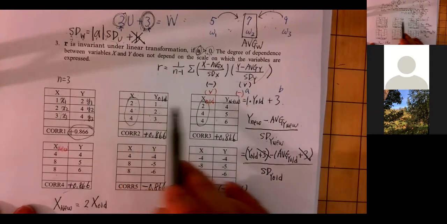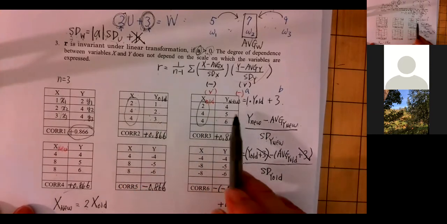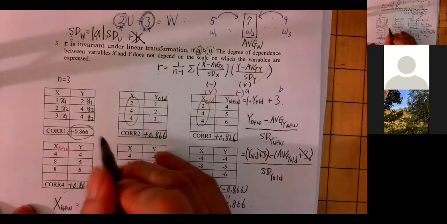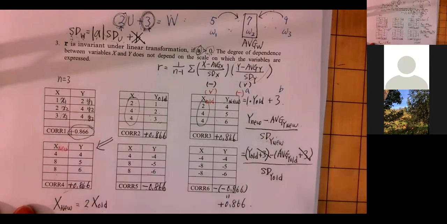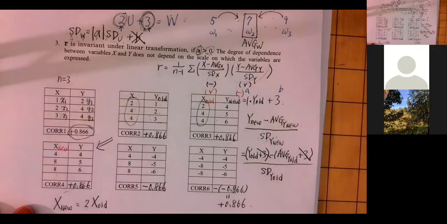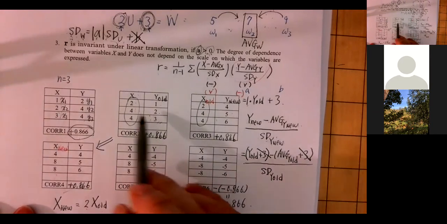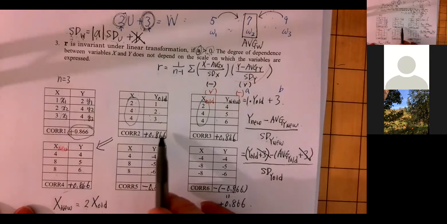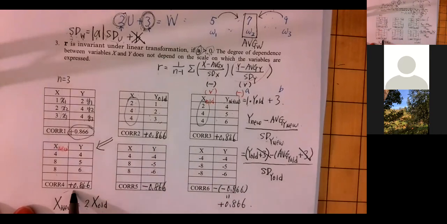From this one to this one, we change y. From this one to this one, we change x. But think about from here to here: we change x and we change y simultaneously. But since both are linear transformations, R stays the same.